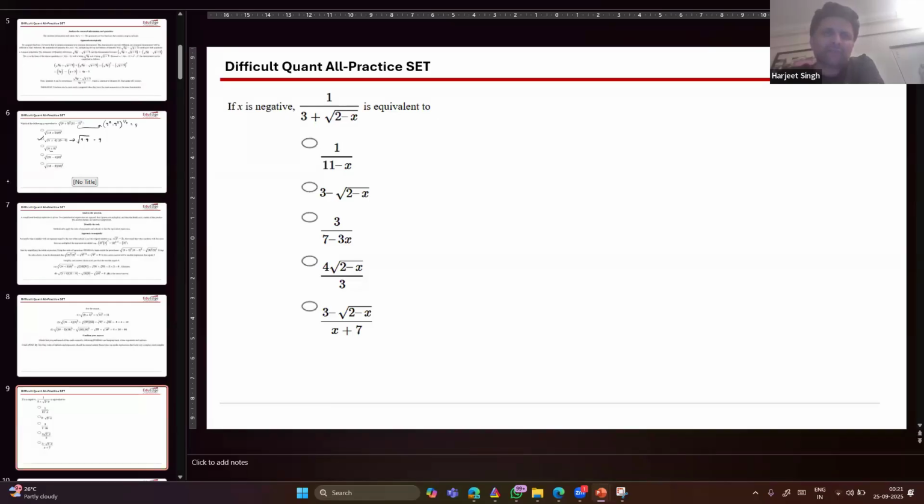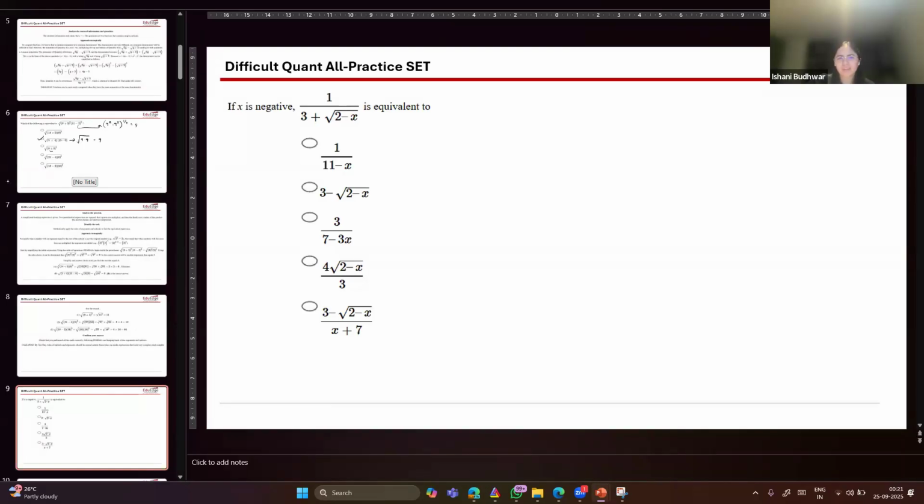So numerator will be complicated. It will be root minus root. It's the last one. Yeah, it's the last one, correct.